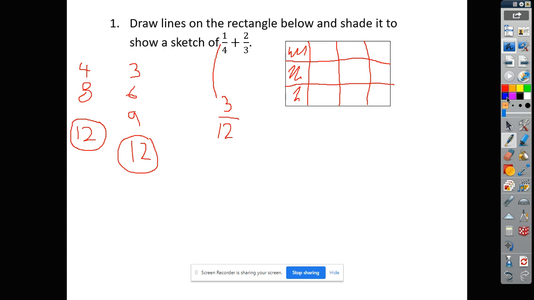Let's pick a different colour pen. Now 2/3 would be the same as saying we've got 1, 2, 3, 4, 5, 6, 7, 8. It's the same as writing 8/12.